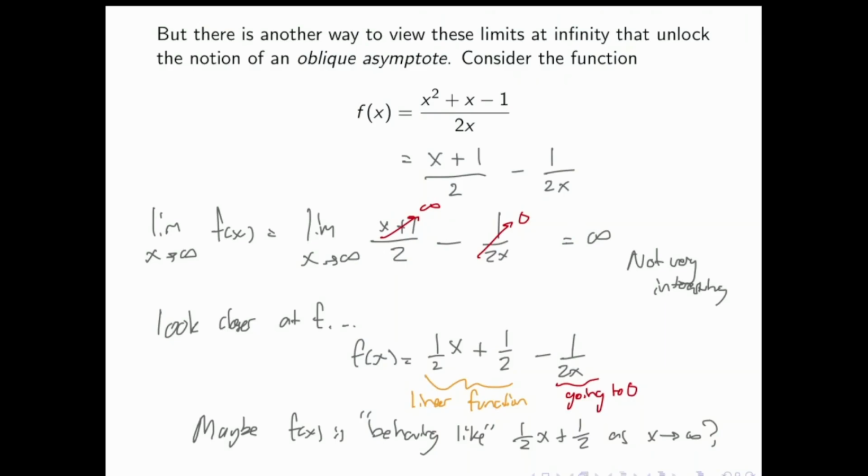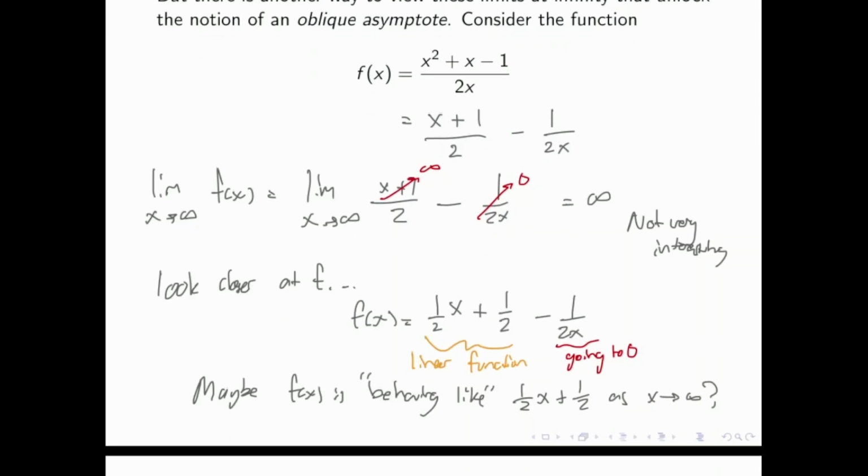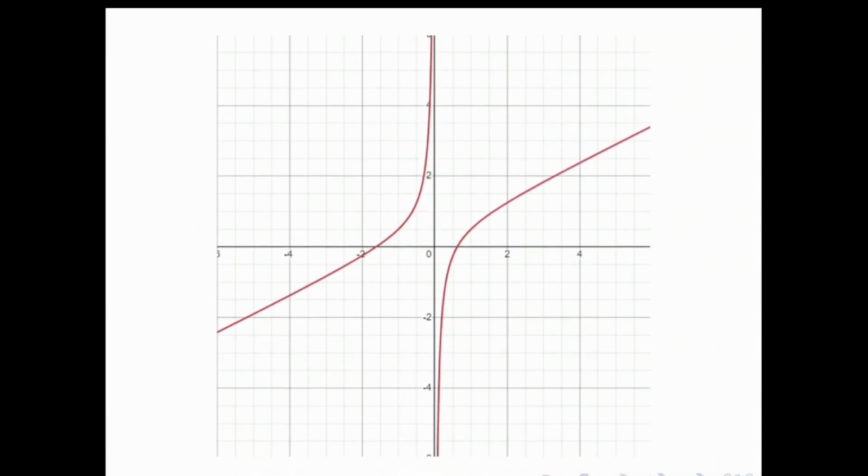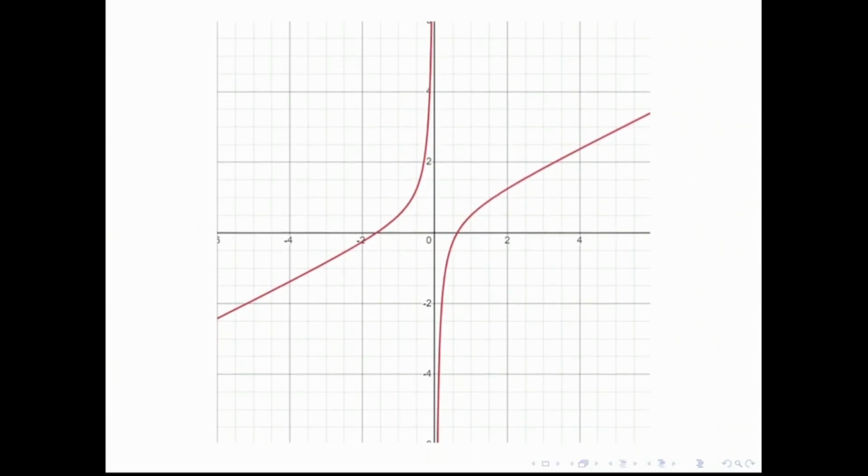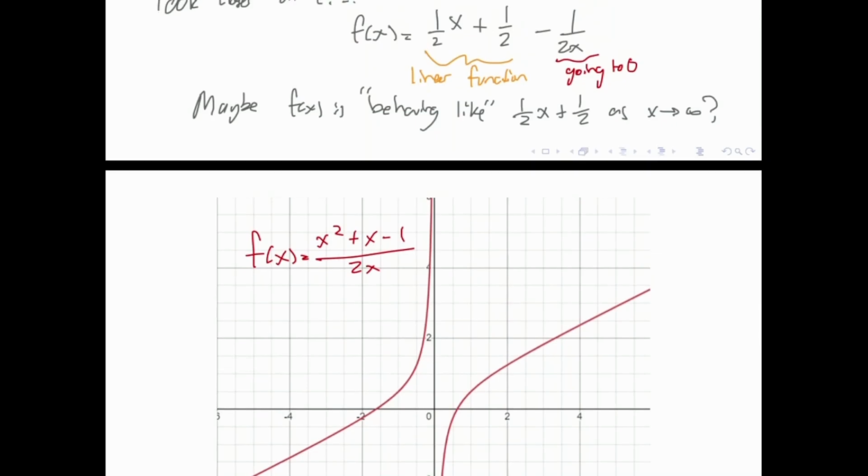Okay, so we want some more justification for this. We can play with the algebra all we want, but let's see if we can get the same visual as we're understanding with our algebra. So what I've done is I've graphed the function that we cared about, x squared plus x minus 1 all over 2x. And let's see if we can plot that line. So what did we say it was?